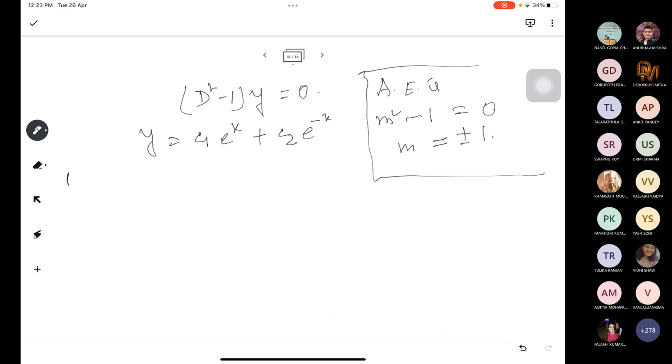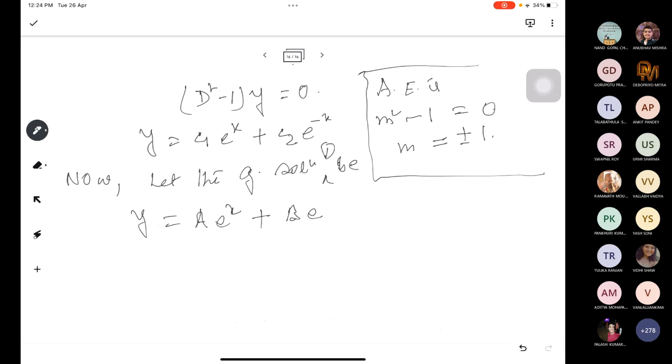Okay. Now, let the general solution of equation 1 be y is equal to a u plus b v, where a and b are not constants.